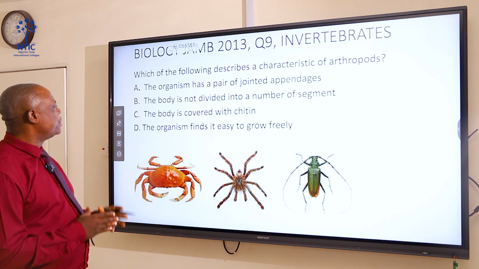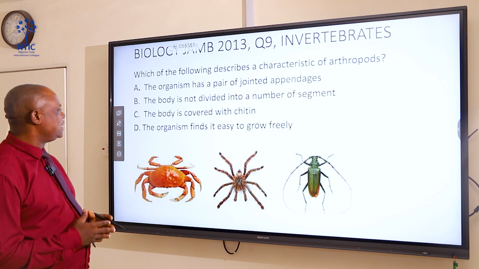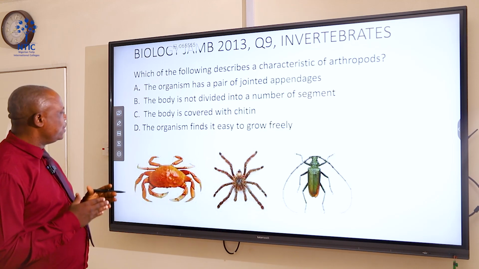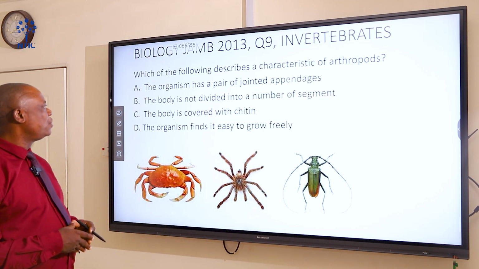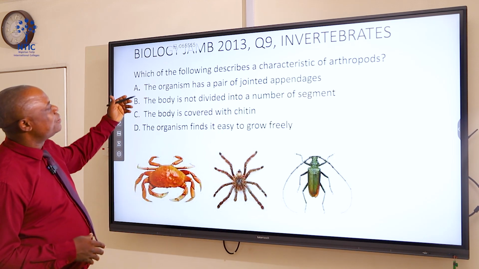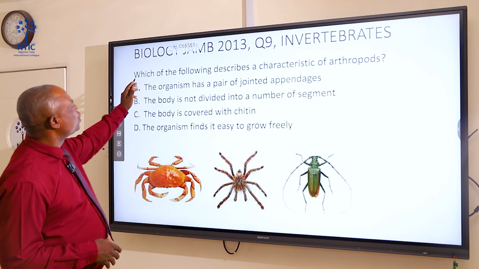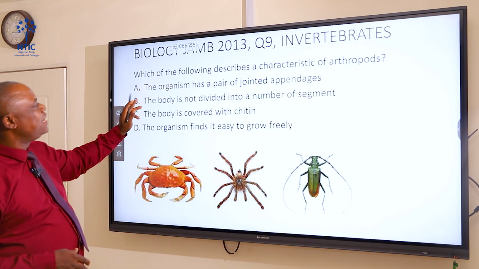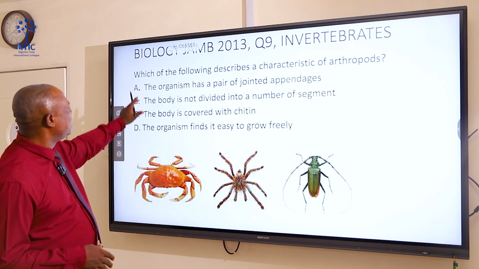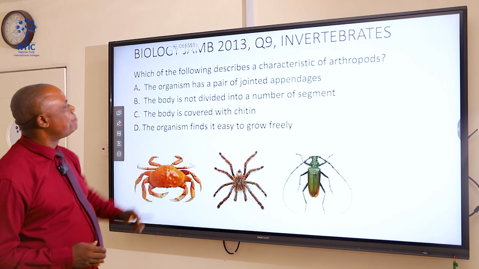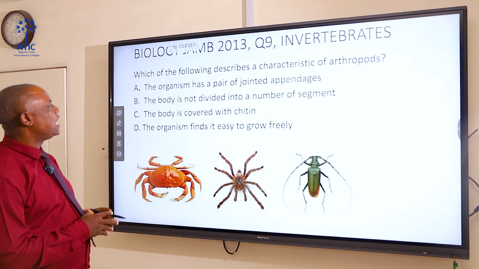C, the body is covered with chitin. D, the organism finds it easy to grow freely. Now, which of the following describes a characteristic of arthropods? Let's take it one by one again. The organism has a pair of jointed appendages.